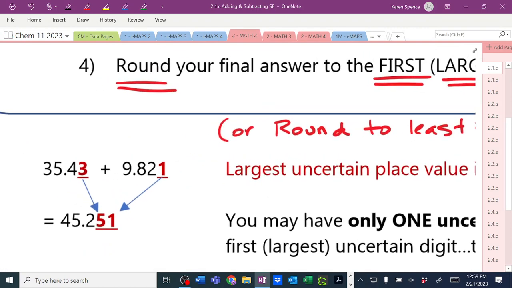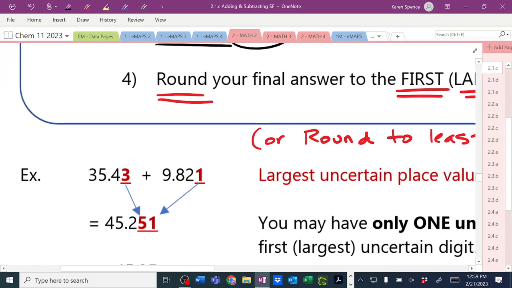So here we go. We have 35.43. Our last and uncertain digit is the 3. That is in the 100ths position, and that is going to make the 100ths position of our answer also uncertain.